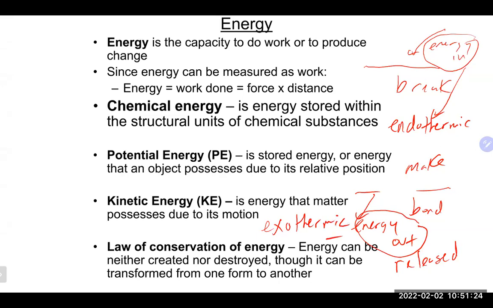Now, there's other energy, obviously, that we come across. Potential energy, for example. Potential energy is stored energy, sometimes referred to as the energy associated with the position of an object. The classic example in most books is the big giant boulder on the very top of the hill that's about ready to fall off.